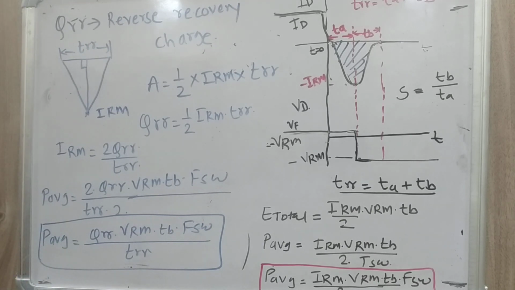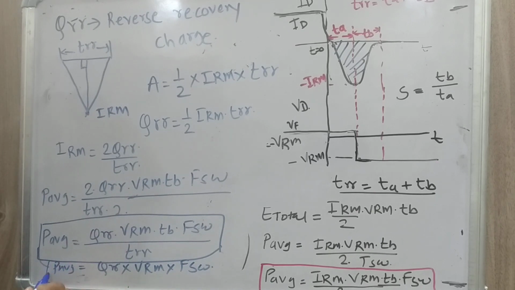I have seen many application notes from suppliers where they assume TV is equal to TRR, or that they are almost equal. They just cancel this term out and use the final term as QRR into VRM into FSW. So it will be like QRR into VRM into FSW.